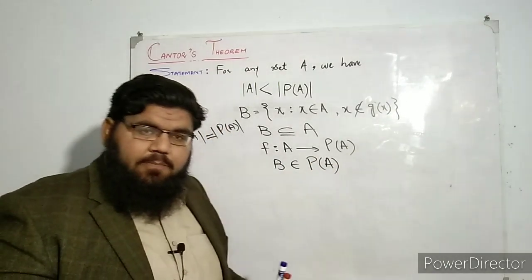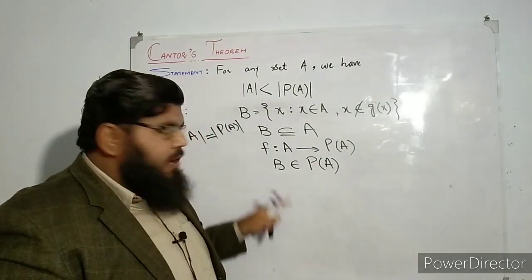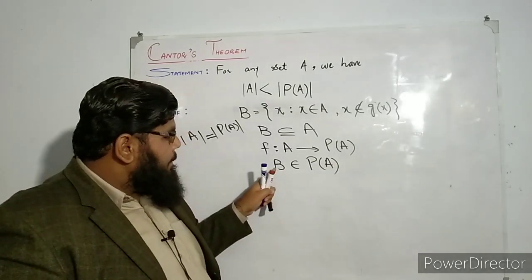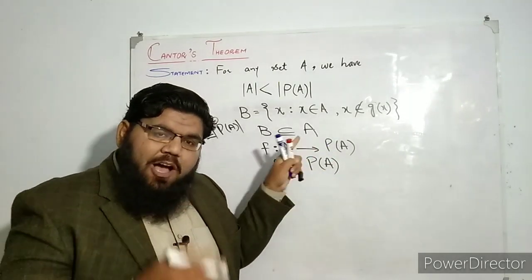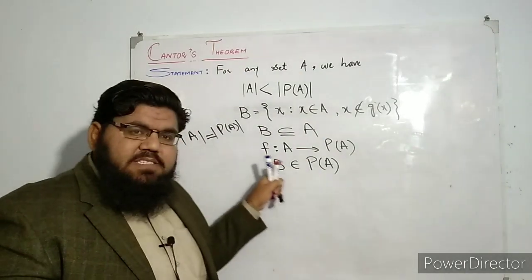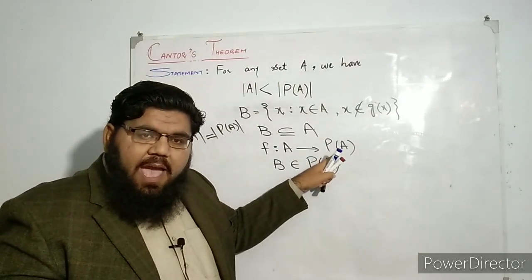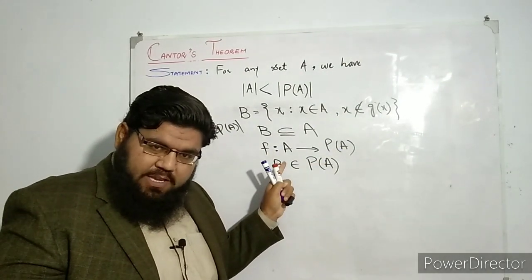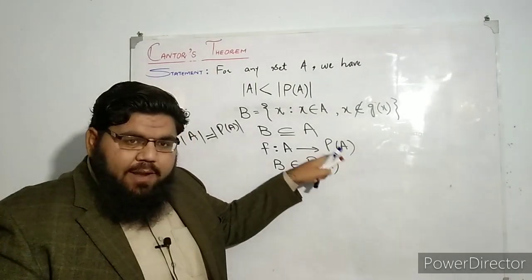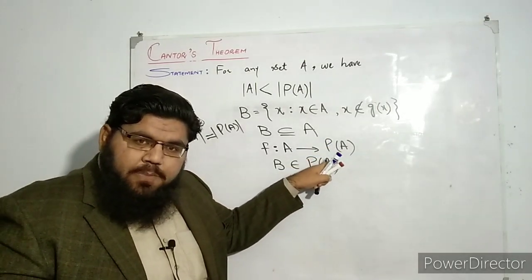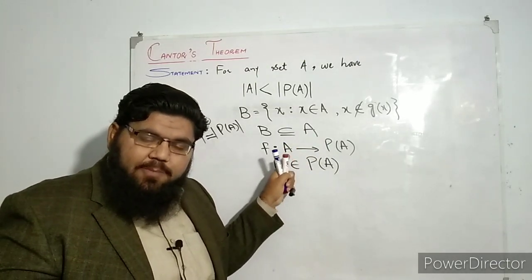Of course we can, because it contains all possible subsets of A. Now if B belongs to this set P of A, and we also know that this mapping is a bijective mapping, so every image has a pre-image. That is the condition of bijection, that every element of this set must be an output of some element of the other set.